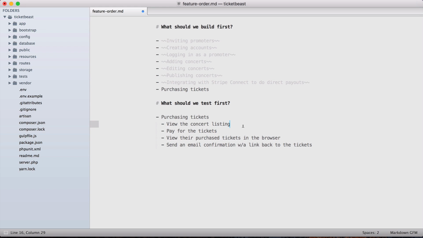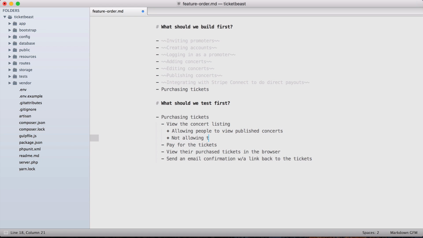And maybe from here we can work towards allowing people to view published concerts and not allowing people to view unpublished concerts. So I think this is what we're going to focus on first. And in the next video, we're going to write a test for this and get some of this boilerplate in place and string our system together and get some momentum going with this TDD stuff.